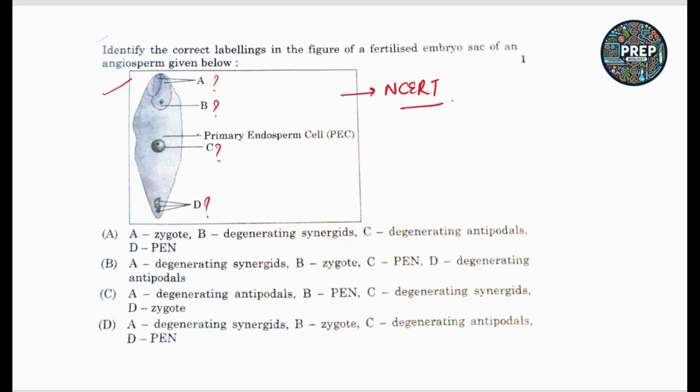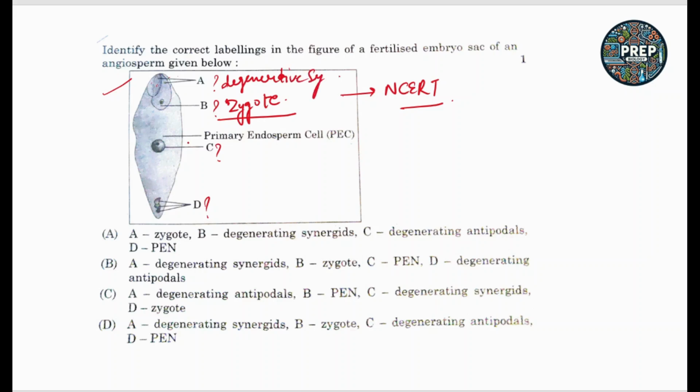So this is the embryo sac, the mature embryo sac and the fertilized embryo sac, and B is, as you all know, after the double fertilization, this is the zygote. B is zygote. Okay, and these two are the synergids, degenerating synergids.